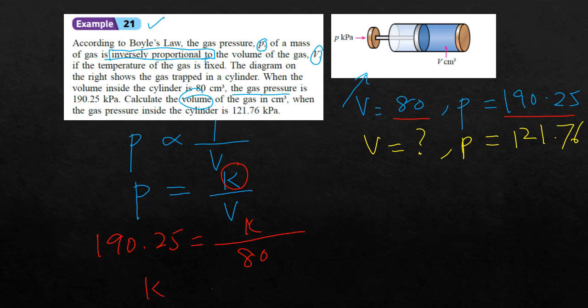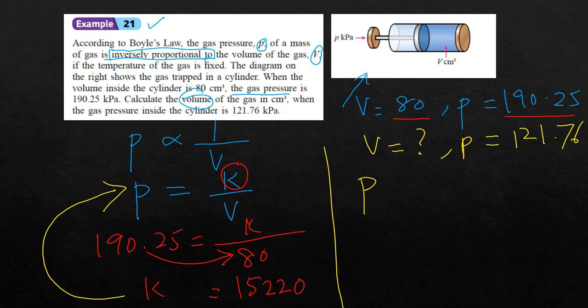So your K, you multiply this one, what do you get? You get 15220. So next, you substitute inside here the equation P equals 15220 over V. Okay.